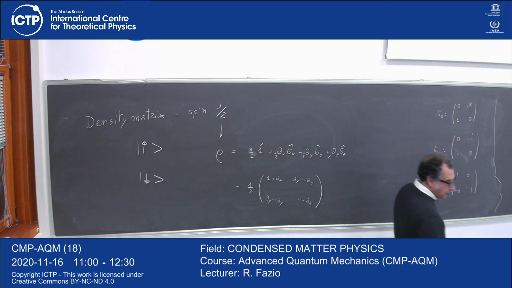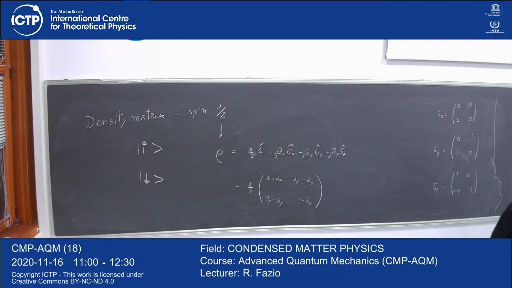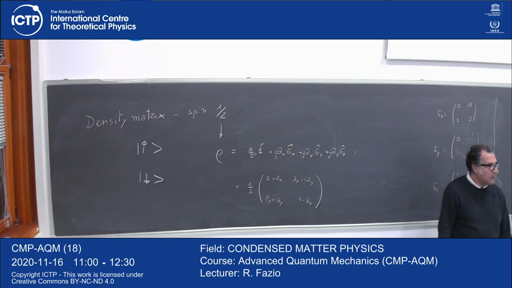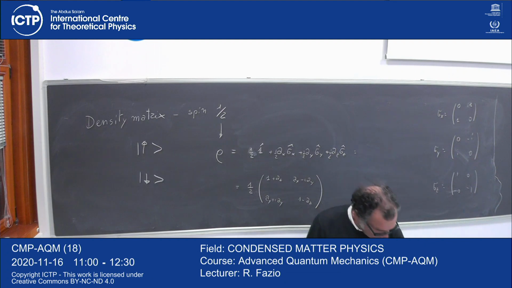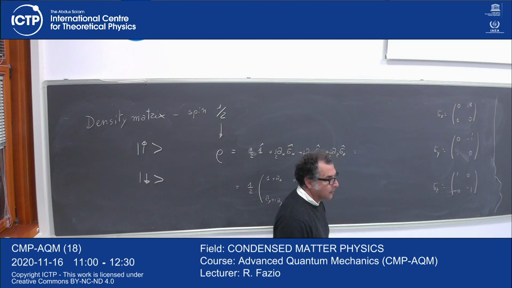Now I want to know if this is enough or I need extra constraints. We need a bit more constraint, which comes from the condition on the eigenvalues.